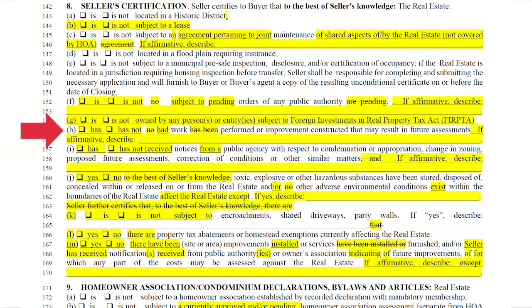Has or has not had work performed or an improvement constructed that may result in future assessments. This was concerning for me, that this is a yes or no relative to the property having toxic, explosive, or other hazardous substances have been stored, disposed of, concealed within, or released on or from the real estate.